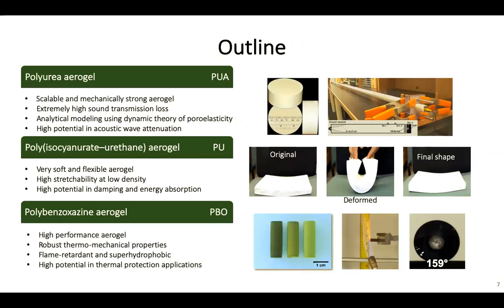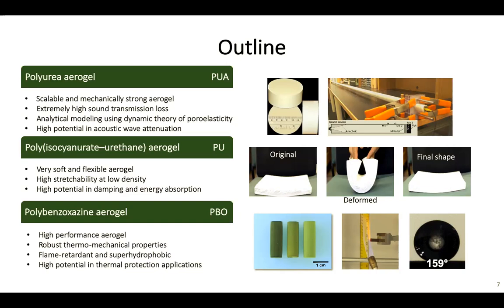So the outline of my talk today is going to be three parts. Each part is dedicated to one particular polymer aerogel. The first part is going to be polyurea aerogel. I have a sample here for each type of aerogel that I made. For polyurea aerogel, my focus was on acoustical properties, on measurements and simulations.